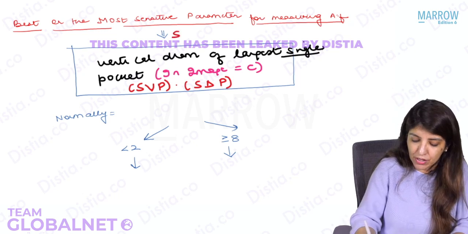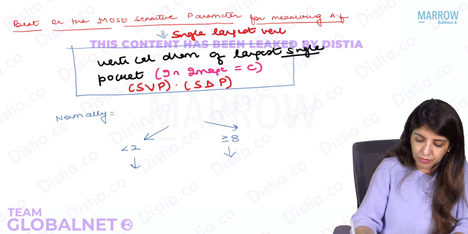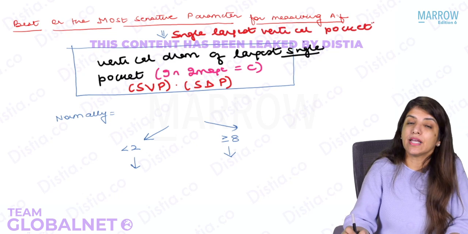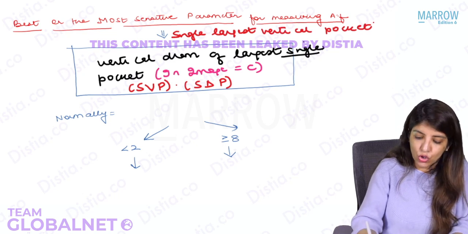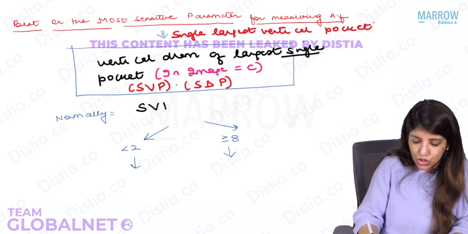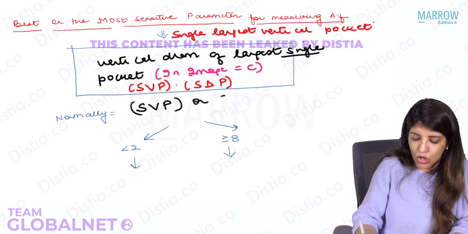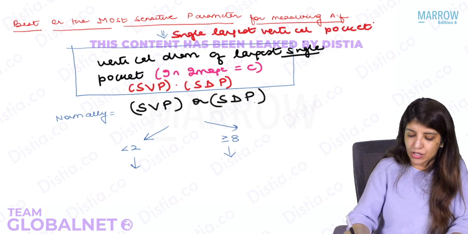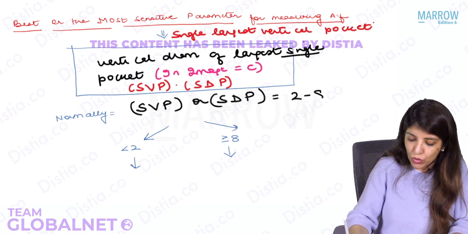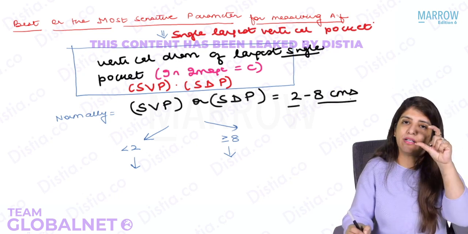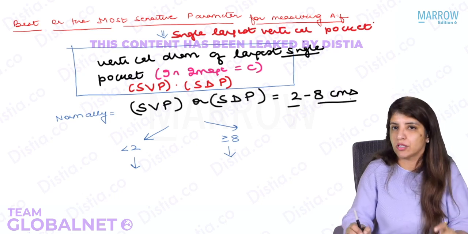The best parameter is single largest vertical pocket. What is the best parameter? Single largest vertical pocket. So normally the single largest vertical pocket, SVP, or single deepest pocket, is between 2 to 8 centimeters. Vertical diameter is 2 to 8 centimeters.